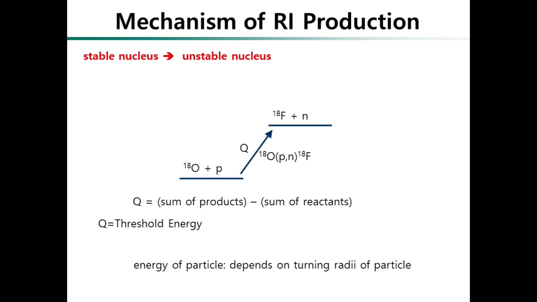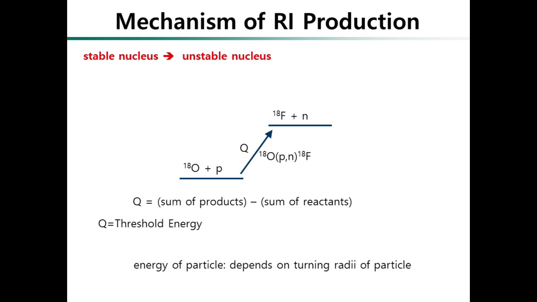But the Q means the threshold energy. If that threshold energy is not sufficiently high, then we cannot produce the F18. But in the normal case, with more than 8 mega electron volts, they can produce the F18.